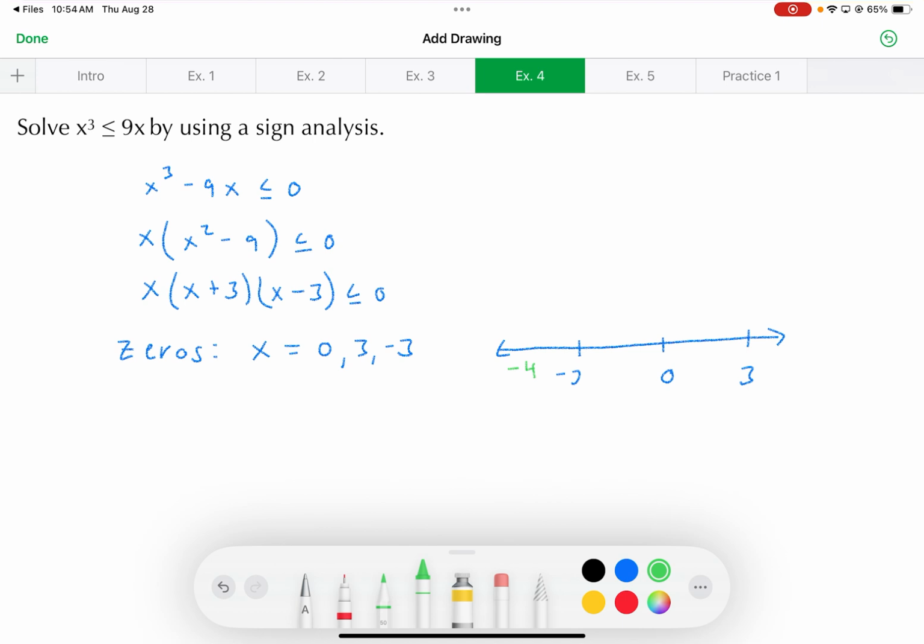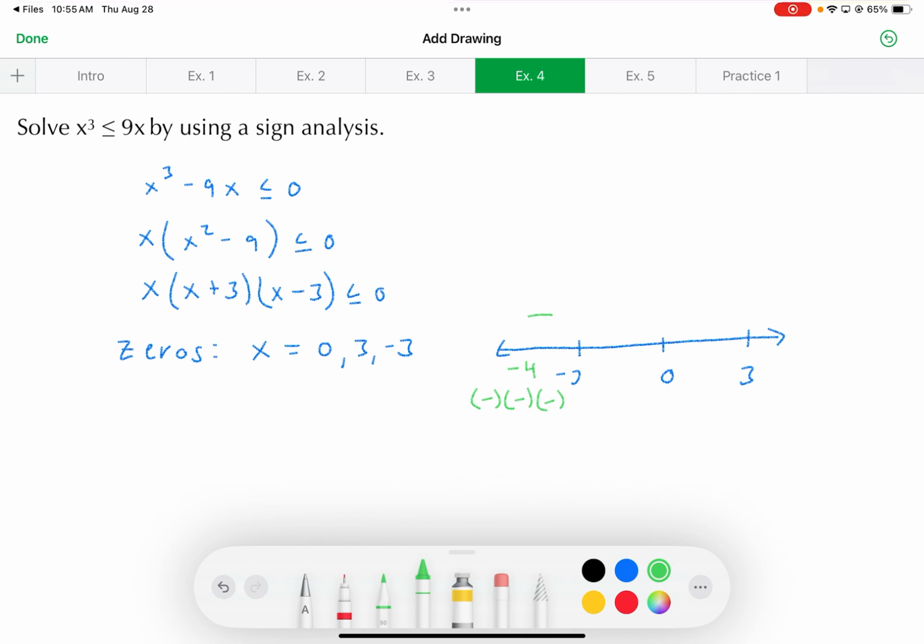I have to plug that negative 4 into all 3 of these factors. Obviously if I plug it in for x, it's going to stay negative. Negative 4 plus 3 is still going to be negative. And then negative 4 minus 3, negative. When you multiply 3 negatives together, what's the result? Still negative.